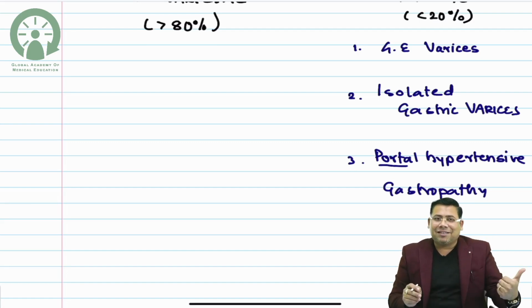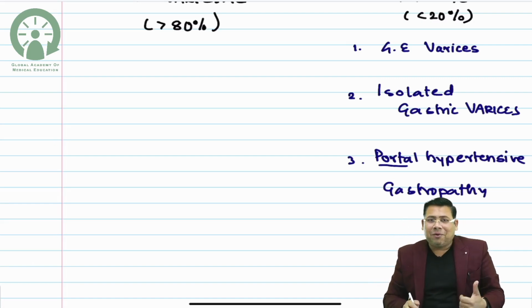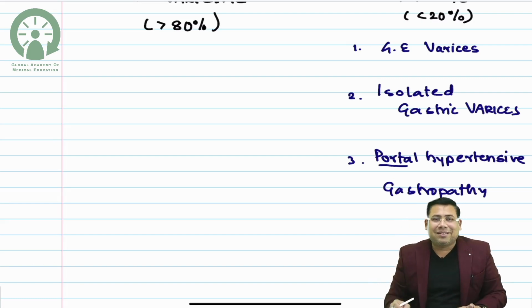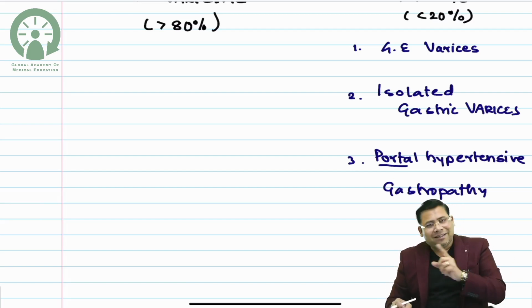The difference is GAVE is in the antrum. GAVE never responds to beta blockers, while portal hypertensive gastropathy responds dramatically. In GAVE, you get to see that watermelon stomach appearance. Here you get to see the typical snake skin appearance. So there are a lot of things that you need to understand about them. GAVE is associated with mucosal hyalinization, they are not.